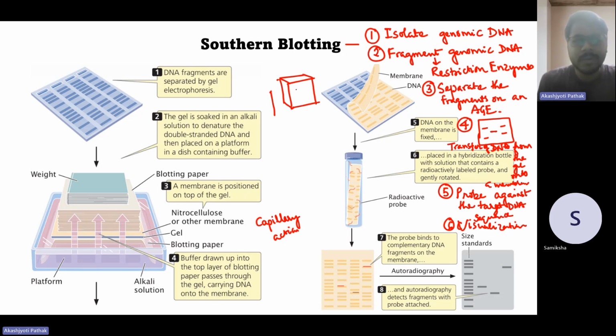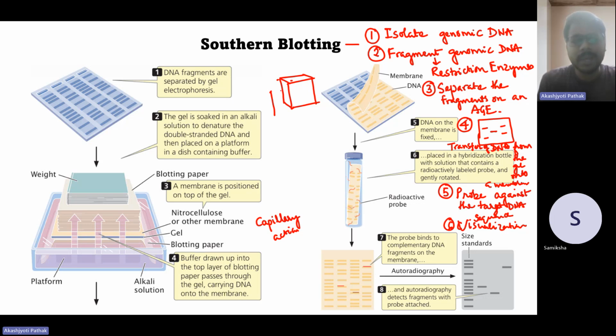So what you do is you load the sample in the well, and then you apply the current. The DNA will start moving towards the positive electrode, right? Now if you add the probe, because the gel is very thick, this probe cannot penetrate the gel and bind to the DNA.